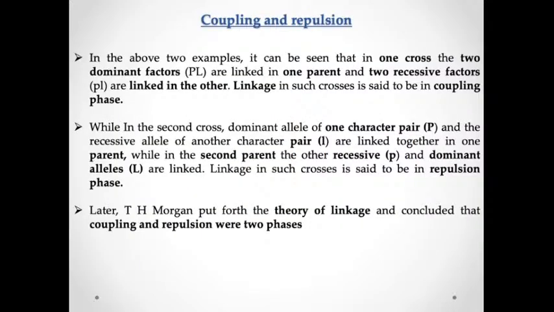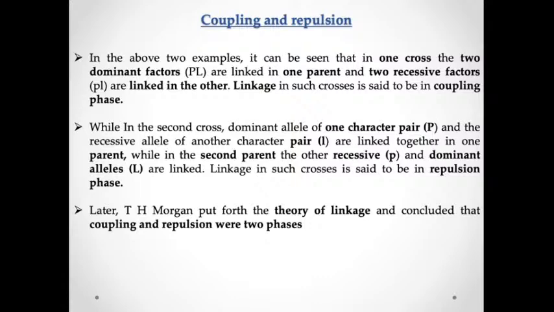Now after the phases of linkage comes a new term, that is coupling and repulsion. In the above two examples, it can be seen that in one cross, the two dominant factors are linked in one parent and two recessive factors are linked in the other. Linkage in such crosses is said to be in coupling phase.